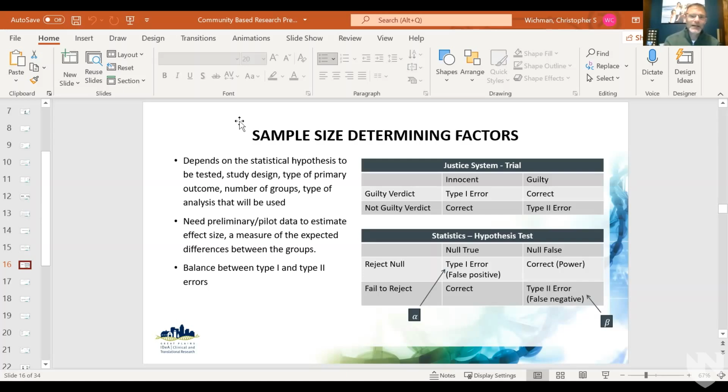Anyway, so what do we need to figure this out? We need to know what hypothesis we're trying to test, so we need to know the study intent. We need to know the study design, so we know the analytical method we're going to be using. Once I know the analytical method and the hypothesis, I can identify the type of effect size we're trying to calculate and detect.